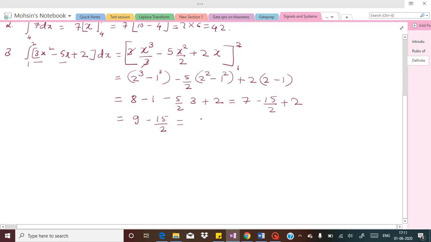Writing the common denominator 2, it is 18 minus 15 divided by 2, and 18 minus 15 is 3, so the answer is 3 divided by 2.